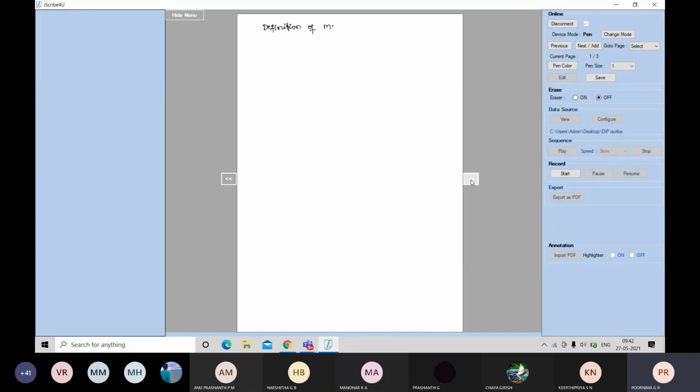Definition of modulation. Can anyone give the definition of modulation? Please, the general modulation definition.